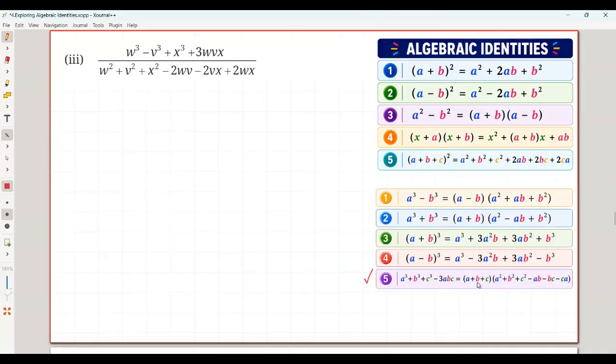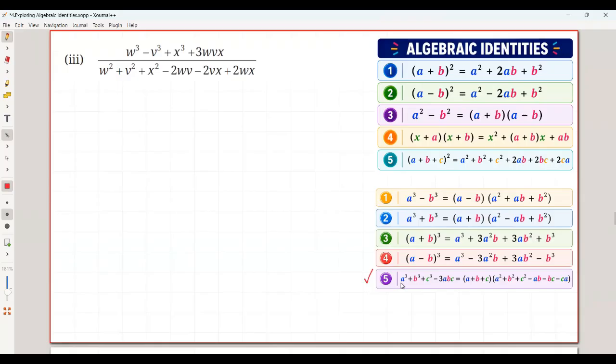Yes, this is in the form of this formula, right? We have to compare. So the fifth identity is the one suitable for this.